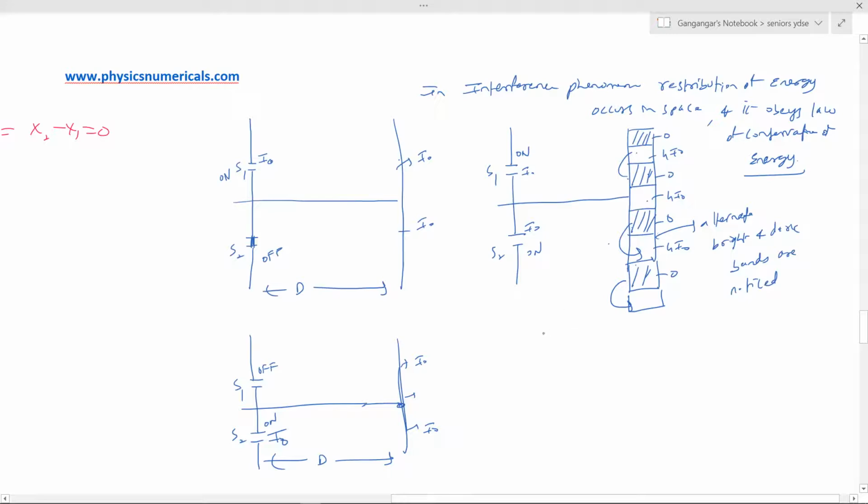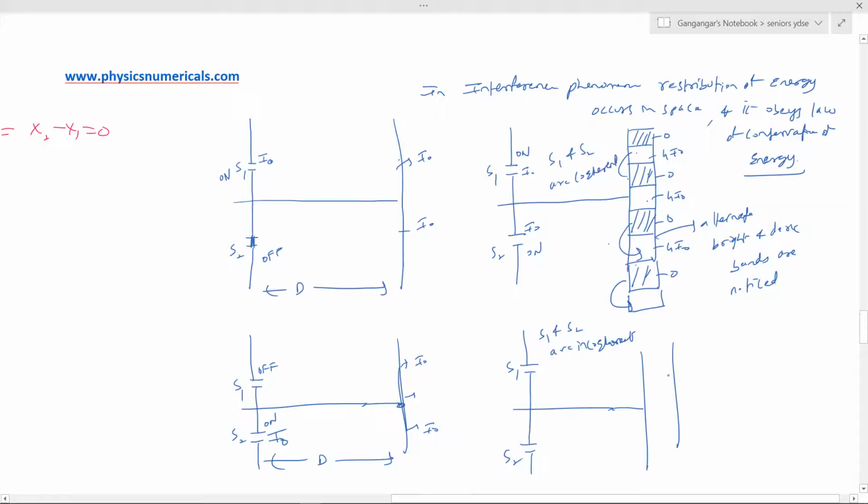Sorry, if S1 and S2 are incoherent, yes, strict condition, S1 and S2 must be coherent.